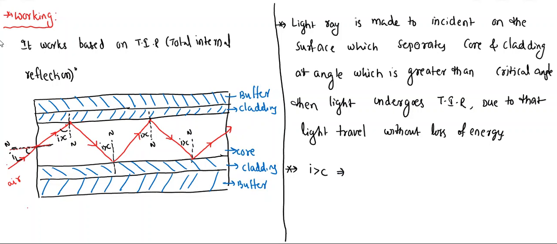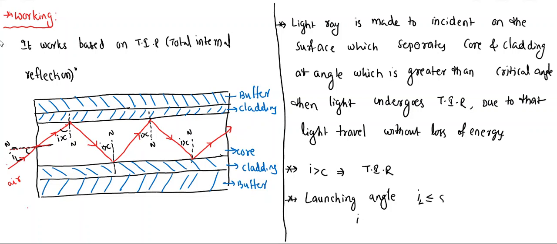That's why total internal reflection is occurring. I want the launching angle, that is, with how much angle we have to make the light ray incident in order to travel without loss of energy, that means total internal reflection.